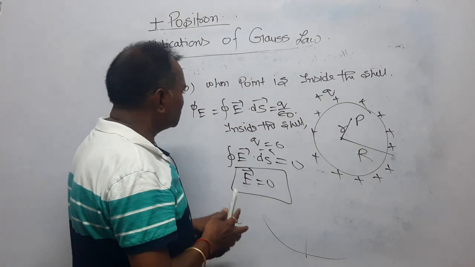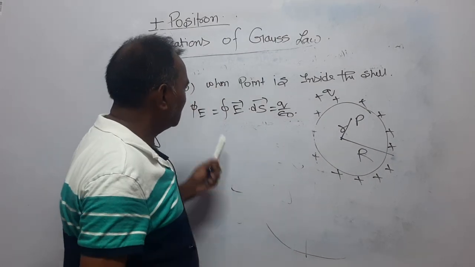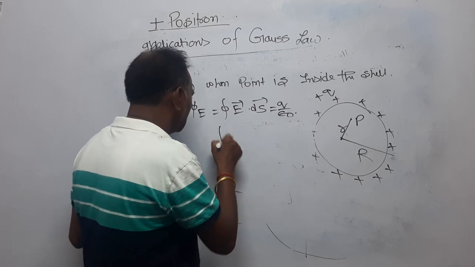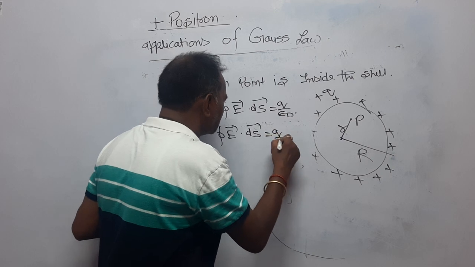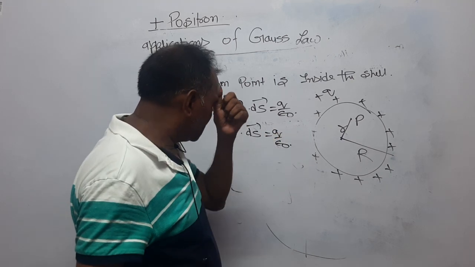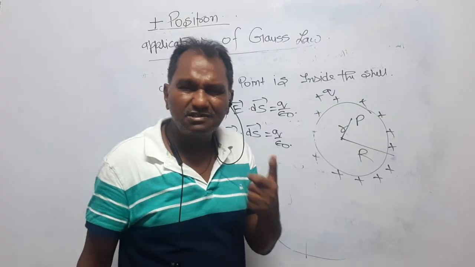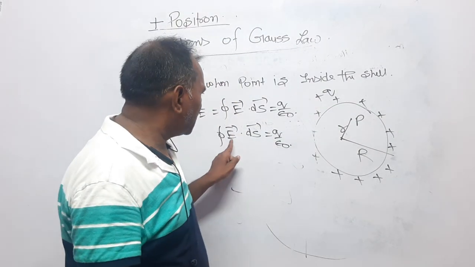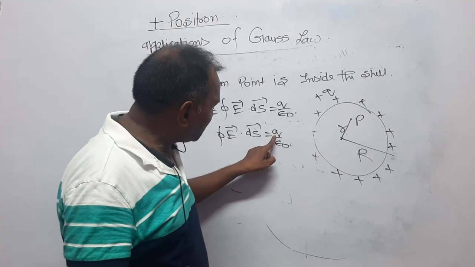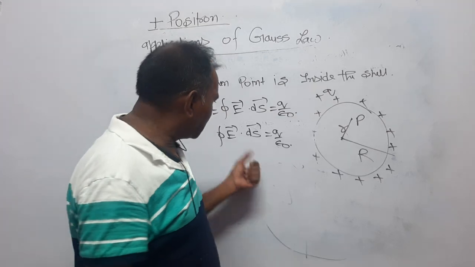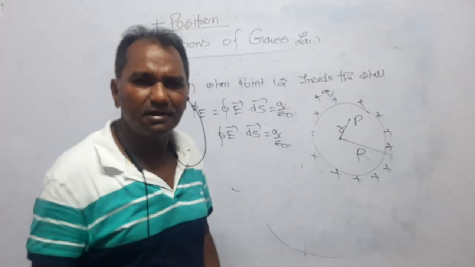Dear students, one thing is very important: the significance of Gauss law. It says integral E dot ds is equal to q upon epsilon naught.